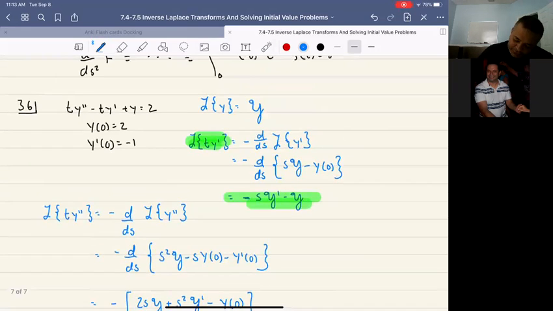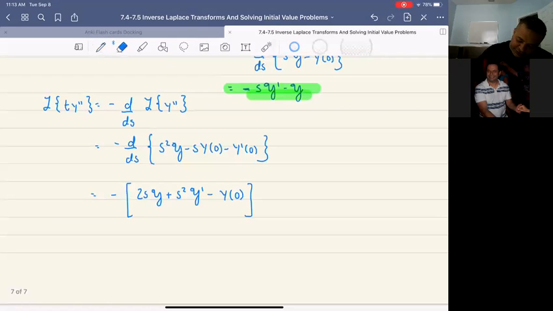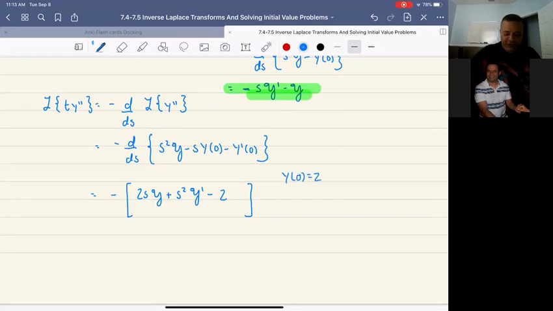Oh, y of 0 is 2, so let me change that to 2. Okay. All right, so let me highlight that.